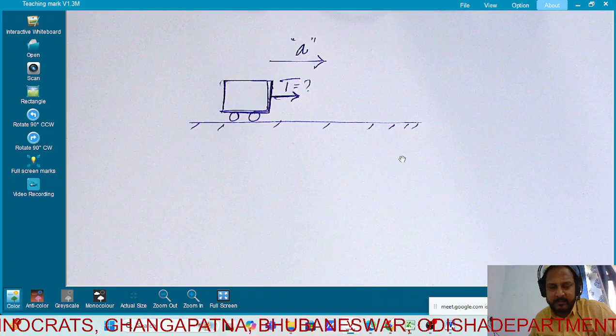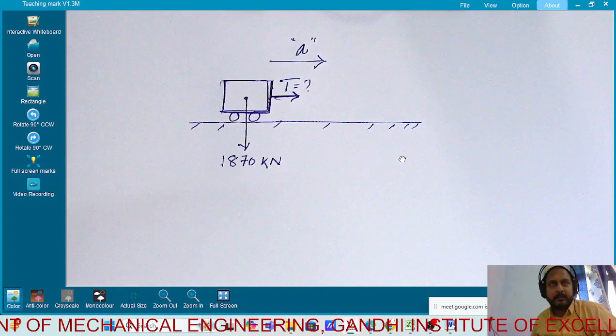Is this clear? Now weight always acts vertically downward. What is the weight of the train? 1870 kilonewton. Okay. I hope it is visible to all of you. Yes, sir.